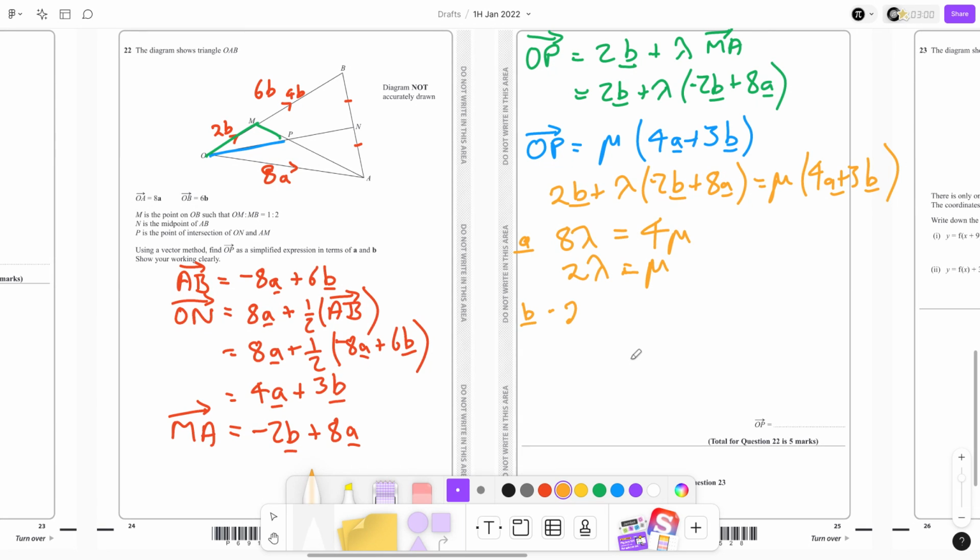We've got 2 minus 2 lambda equals 3 mu. 2 lambda is mu, so we've got 2 minus mu equals 3 mu. So 2 equals 4 mu, mu equals a half.